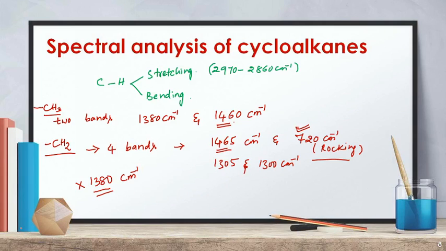Now I would like to give some more detail about the alkane category. This 720 centimeter inverse is responsible for straight chain higher alkanes. So wherever you find a 720 centimeter inverse absorption band, it is for straight chain higher alkanes.